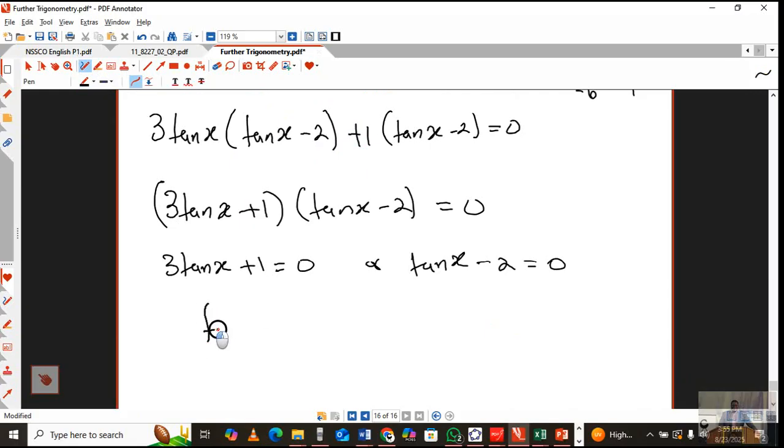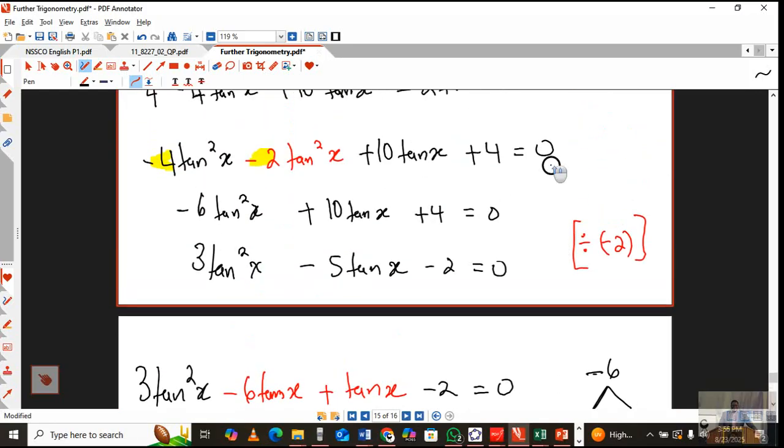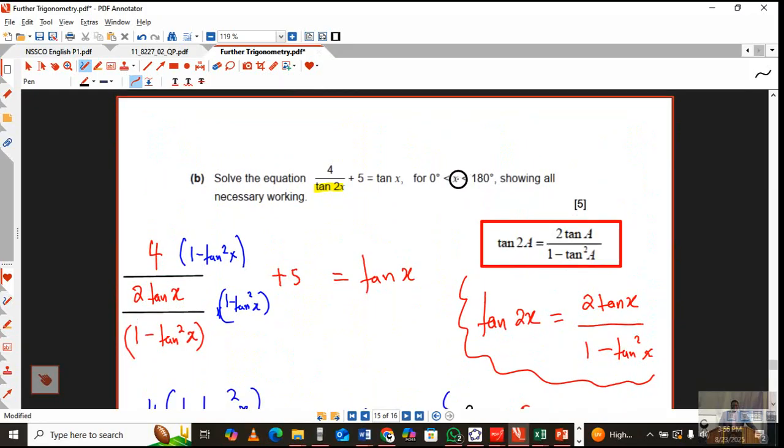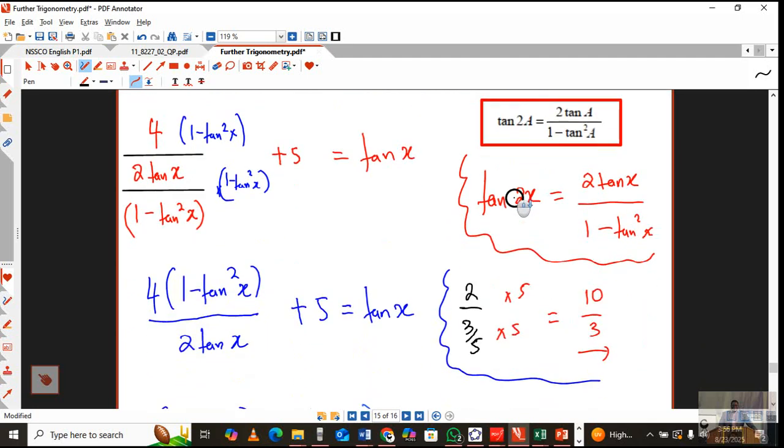We have here that tan x is going to be negative a third, or tan x is going to be 2. Now, let me just go back and see what the question asked of me. We're supposed to solve, but our domain is between 0 and 180.